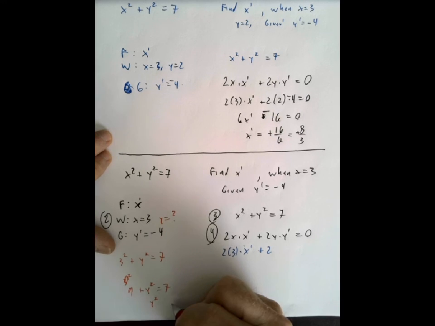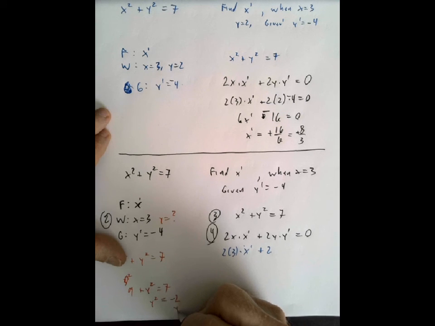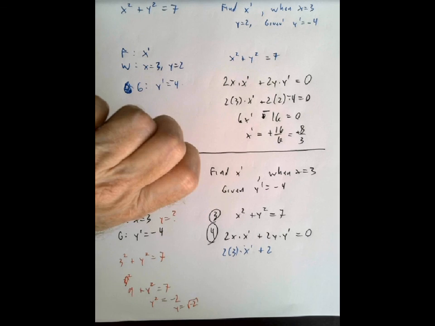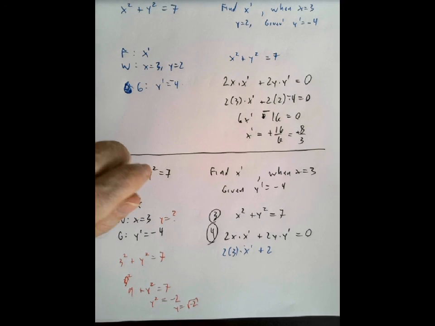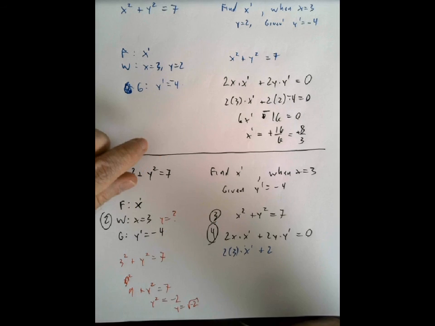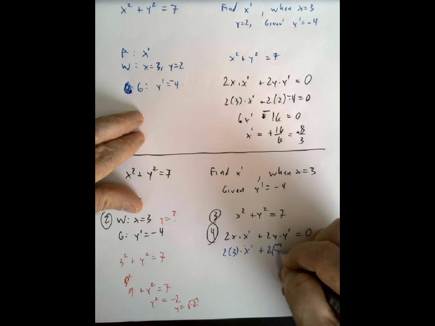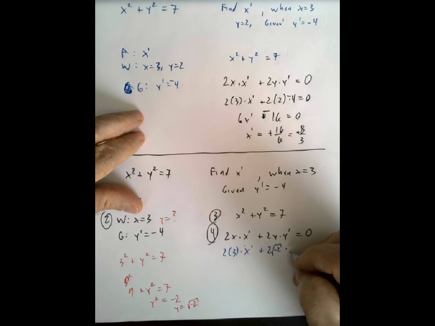And we see here that y squared is equal to negative 2, which is an uncomfortable value. I should have picked a better x, right? So y is going to be, and we're just going to go with it right now, the square root of negative 2, which is imaginary, but it doesn't change it for us. Now we substitute that in, and we put y prime as negative 4.